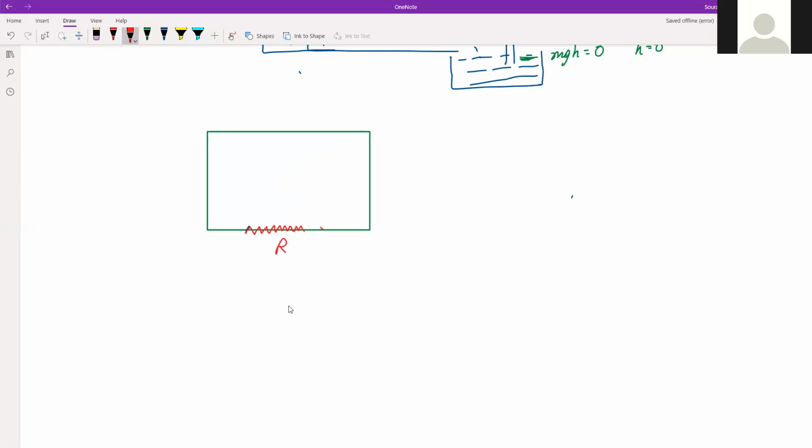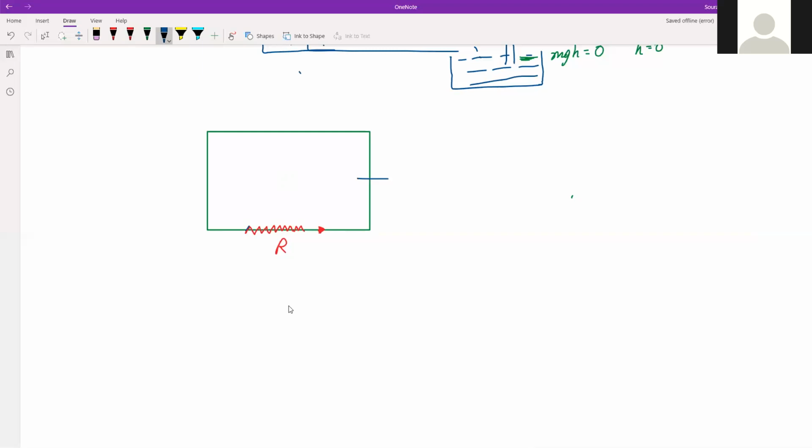So suppose current wants to flow like this, just like we have seen in the case of a water pump. There, I must bring or include a pump-like thing here, which should be able to pump charges.